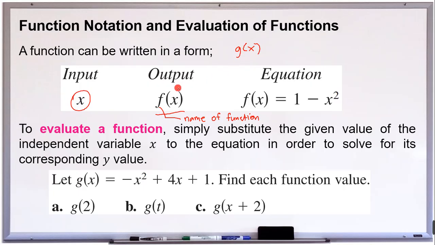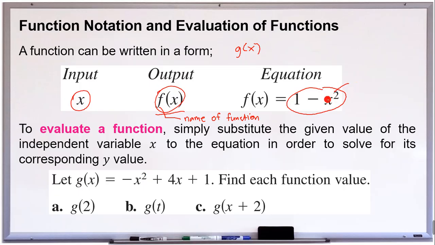Now if we apply this to the equation, you have f of x, which is our y, or our output, or our dependent variable, equal to 1 minus x squared. On this side, it is where we can find our input variable or our independent variable.